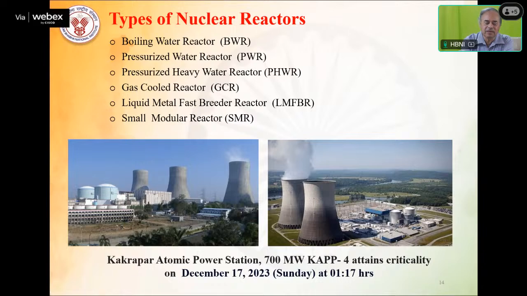I think Russia has already developed some small modular reactors. The picture is of the Kakrapara Atomic Power Station, 700 megawatt Unit 4, which attained criticality on December 17, 2023, Sunday at 1:17 hours, just a few days back.